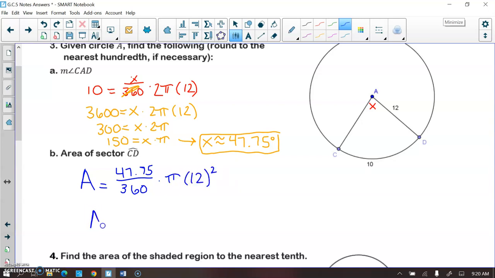So I'm just going to type this all into my calculator. So 47.75 divided by 360 times pi times 12 squared. I get about 60 units squared.